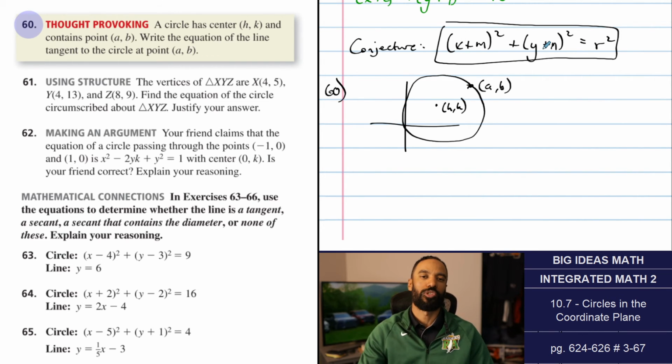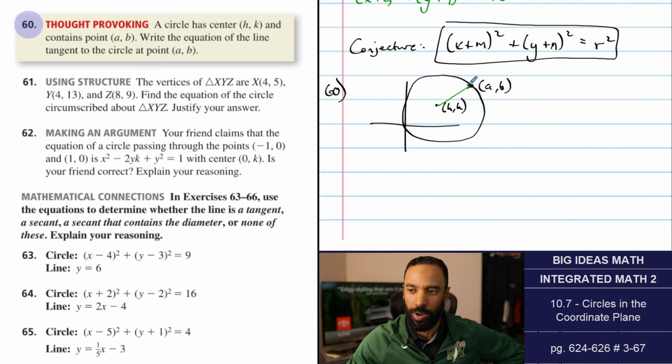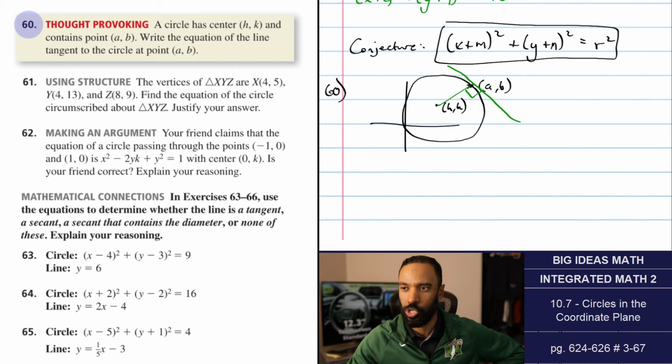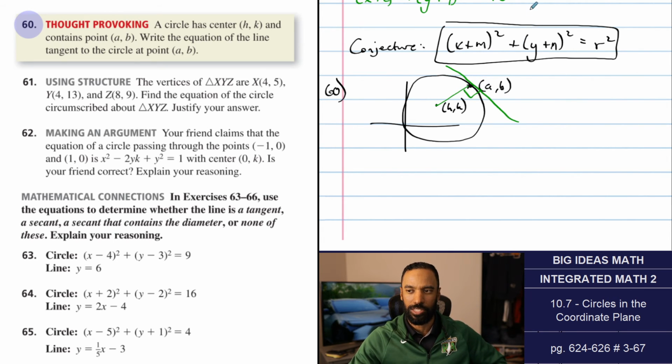Well, we have to work the slope. To do the equation of a tangent line, we have to understand that a tangent line is perpendicular to the radius. If this is our radius and this is our tangent line, it'll be perpendicular to it, right? That's what it needs to look like, one that's intersecting like that. So perpendicular means opposite reciprocal slope of the radius that you have.